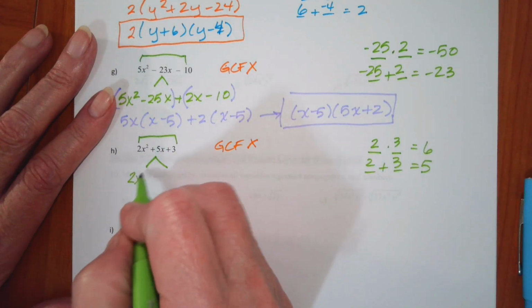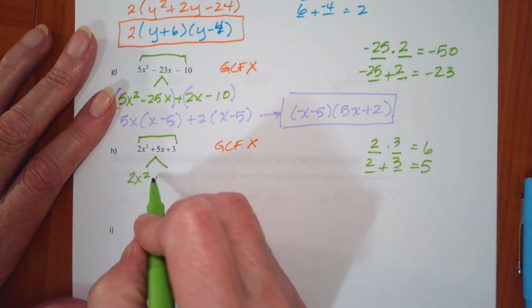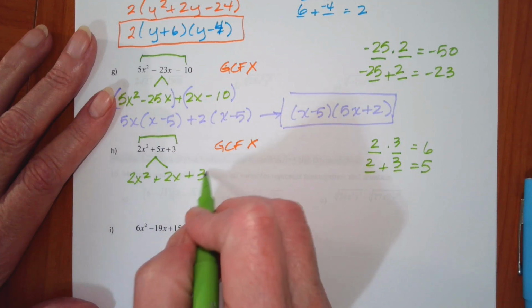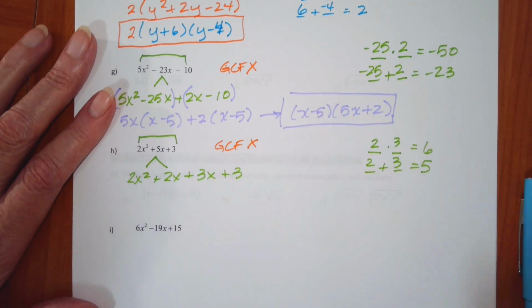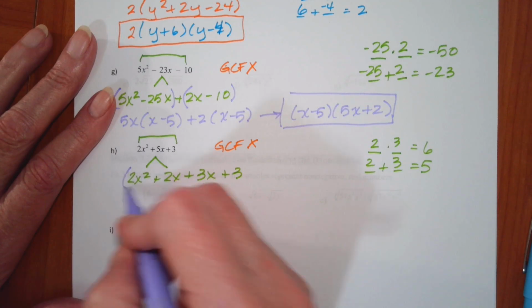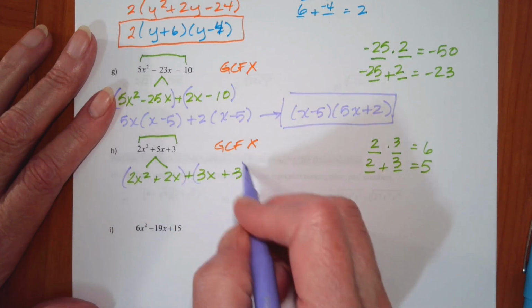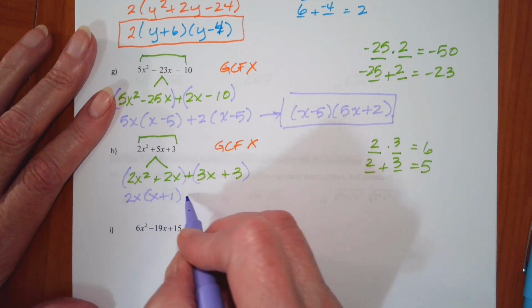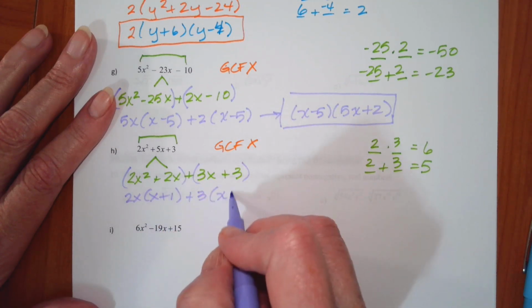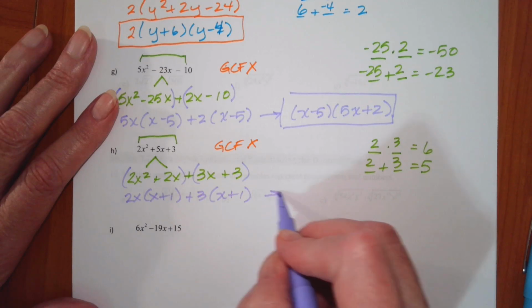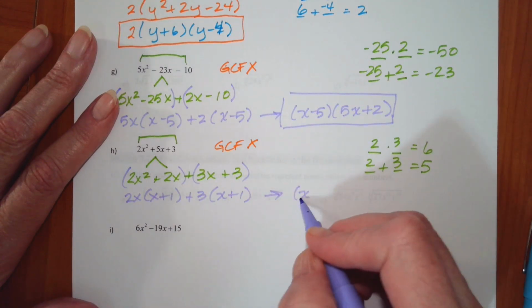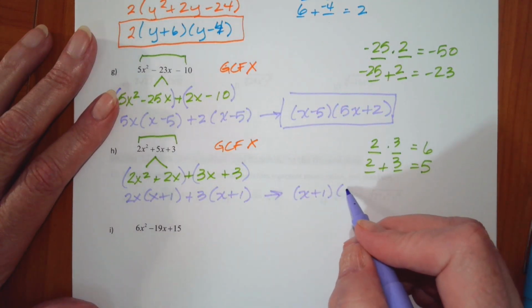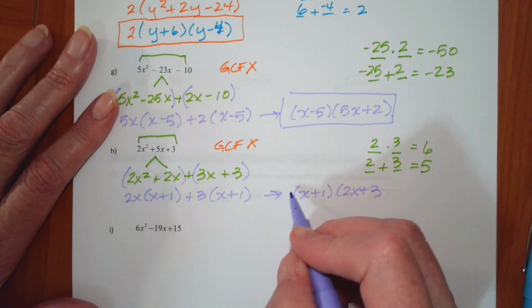So this becomes 2x squared plus 2x plus 3x plus 3. Now I can group. This gives me 2x times x plus 1 plus 3 times x plus 1, which gives me x plus 1 times 2x plus 3.